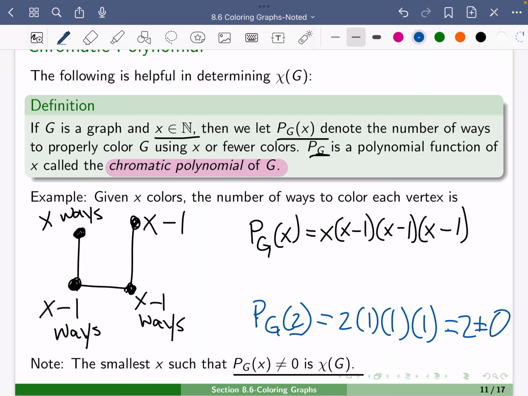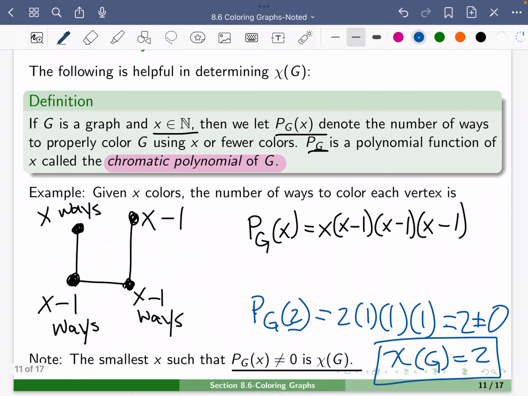So 2 is the smallest integer value of x that we could plug in that's non-zero. And so that tells us that the chromatic number of this graph is, in fact, 2.